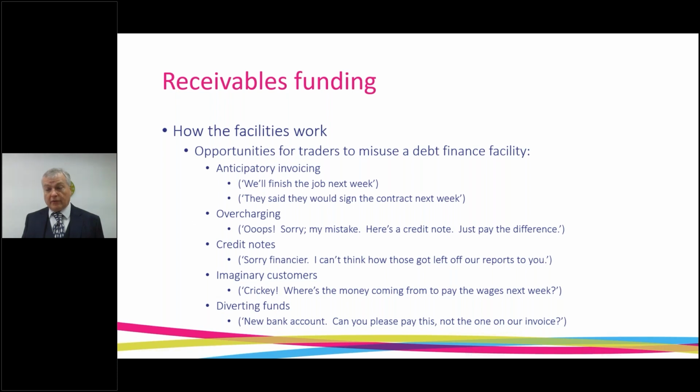Most discounting agreements would require the trader to notify the financier of all credit notes that they issue, and of course if they're a bit late in notifying credit notes, that gives them a bit of an advantage.